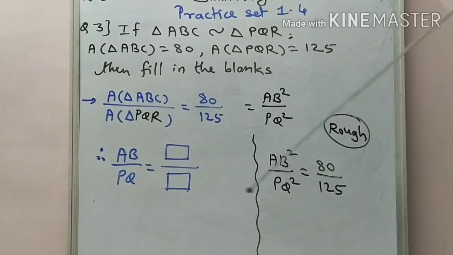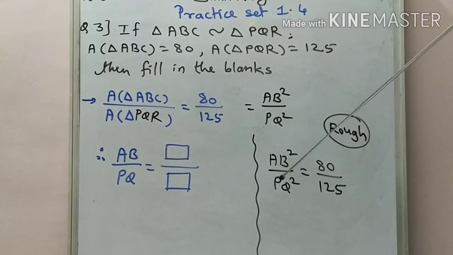To find AB upon PQ, we have to take square roots on both sides, but as you observe here, students, 80 and 125 are not perfect squares. So to simplify this, first we write its simplest form. As you observe, 0 and 5 are in the unit place, so both numbers are divisible by 5.